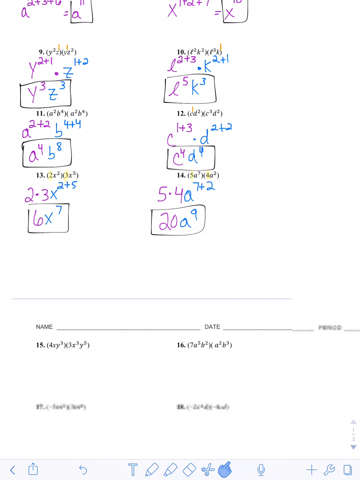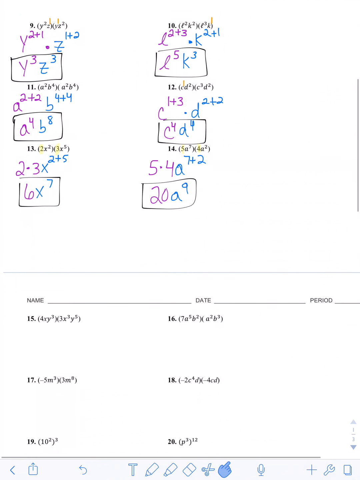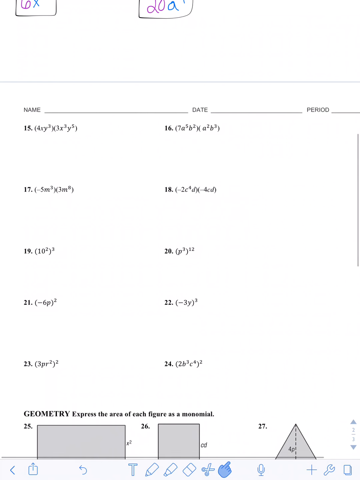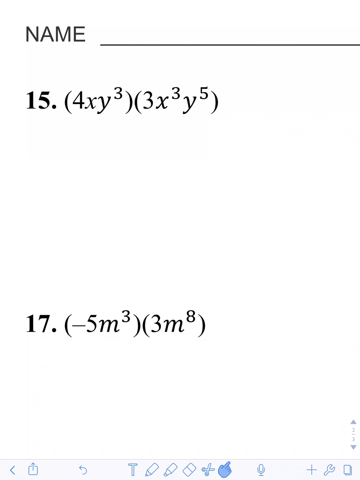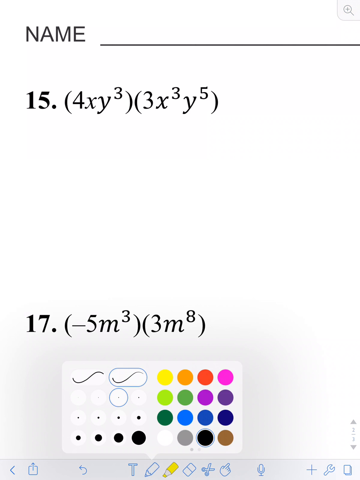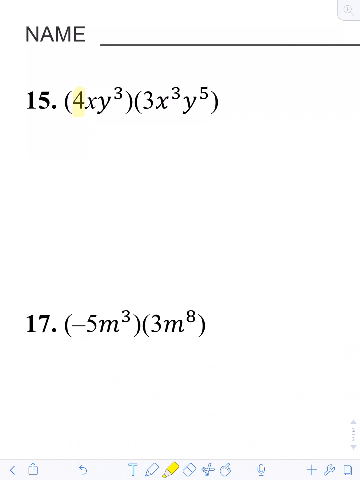All right. So now we're going to do a couple more. We're going to start with number 15. For this one, I'll highlight here so you can see 4 and 3. Those are not exponents, so we're going to multiply those, 4 times 3. Now I'm going to look at my exponents. Here x is to the power of 1.